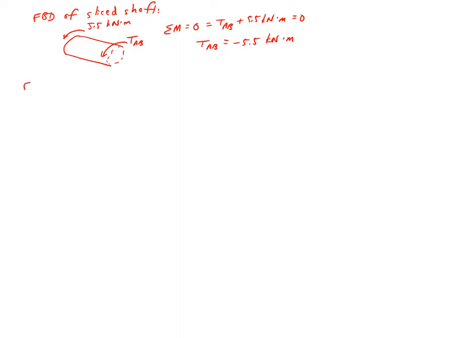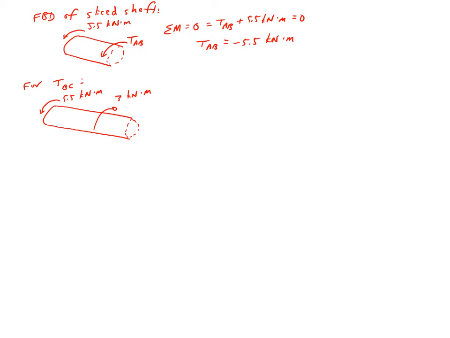So for TBC, we're going to slice the shaft in between gear B and gear C. So that's going to look something like this. I'll just draw this a little bit bigger. Now I've got a slice here, and in this case I've got 5.5 kilonewton meters. I've also got 3 kilonewton meters.